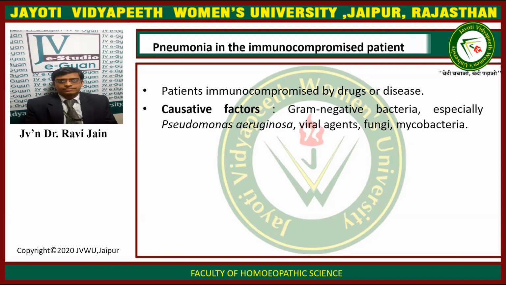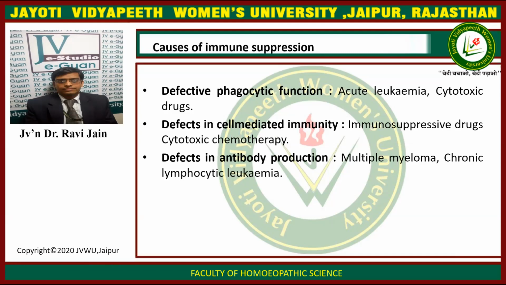Next, we start with pneumonia in the immunocompromised patients. Patients immunocompromised by drugs or disease. The causative factors include gram-negative bacteria, especially Pseudomonas aeruginosa, viral agents, fungi, and mycobacteria. What are the causes of immune suppression?